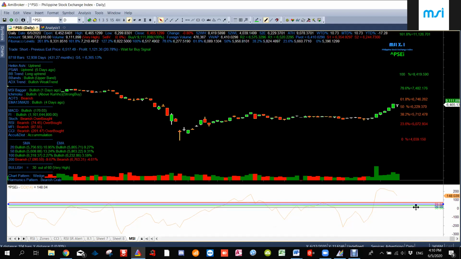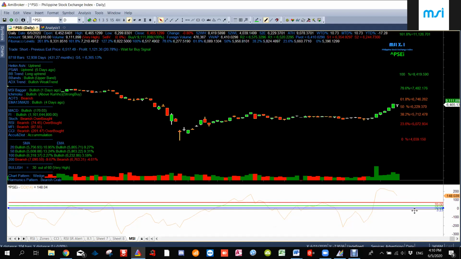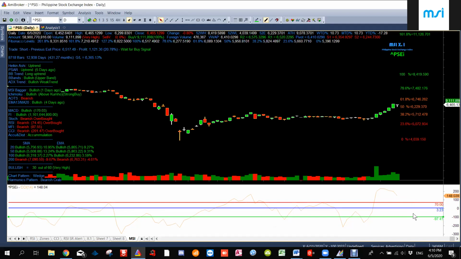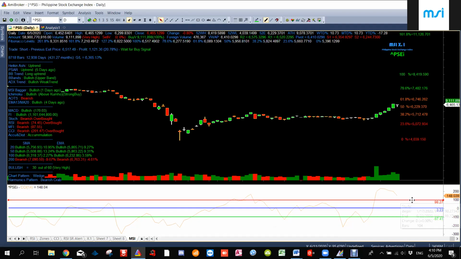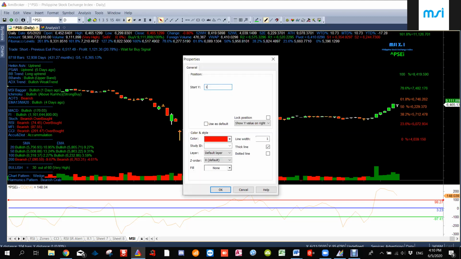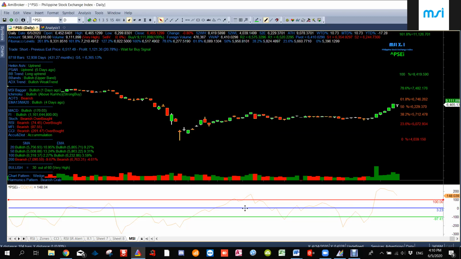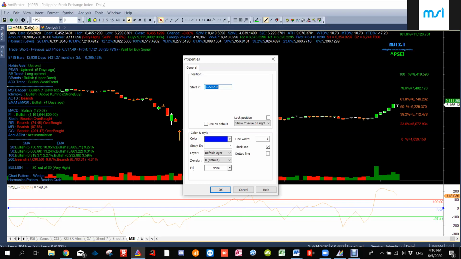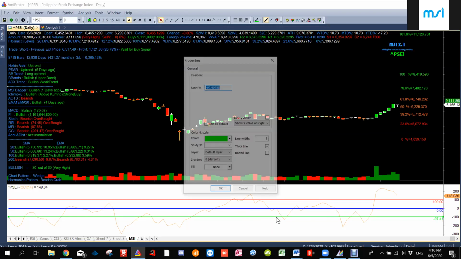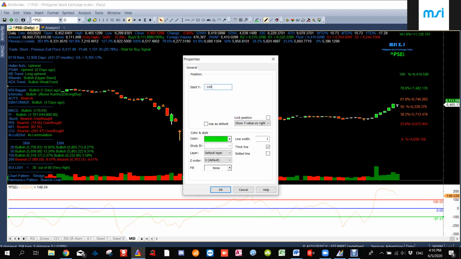Ang pagkakaiba lang ni CCI, meron din siyang sarili niya mga numbers. Parang ganyan. This is actually 100. This one is 0. And this one is negative 100.